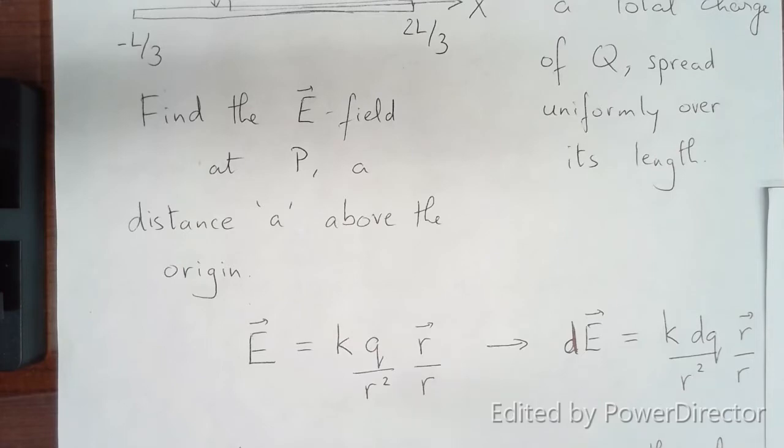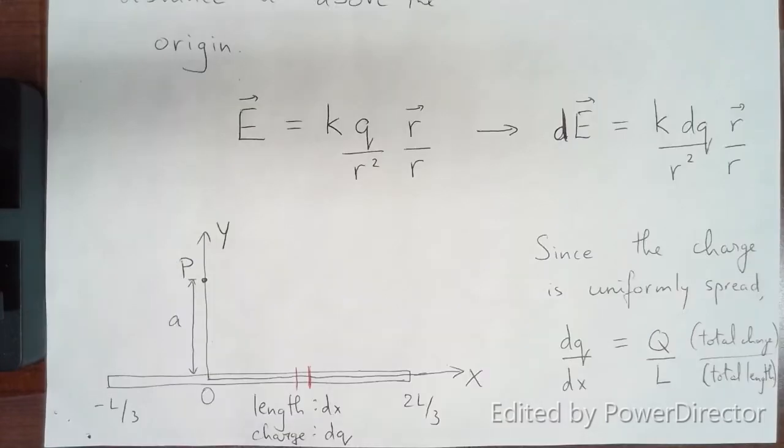Of course, in the limit, as the number of pieces go to infinity, this summation will turn into an integration. So to reiterate, what we are doing is taking a situation and chopping up the charge distribution, which is the rod, into tiny pieces. So for example, we take a tiny piece here of length dx and charge dq.